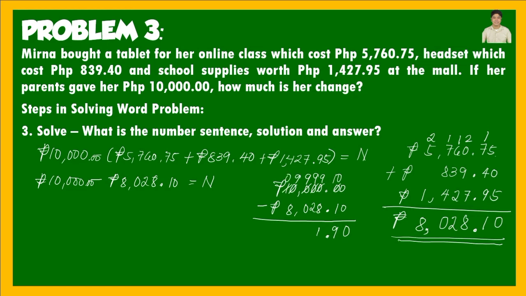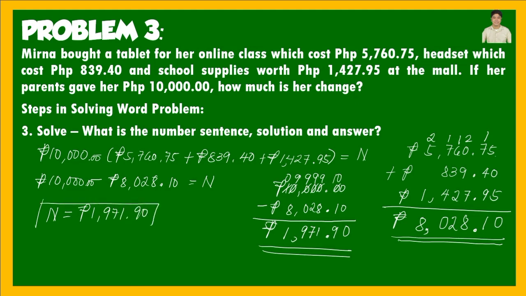So, 9 minus 2, we have 7. 9 minus 0, 9. 9 minus 8, that is 1. So, our answer is 1,971 pesos and 90 centavos. So, yun po yung ating end. 1,971 pesos and 90 centavos.